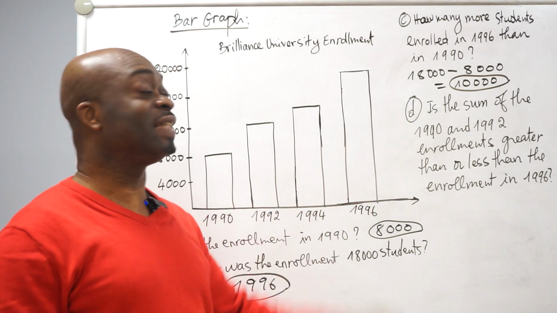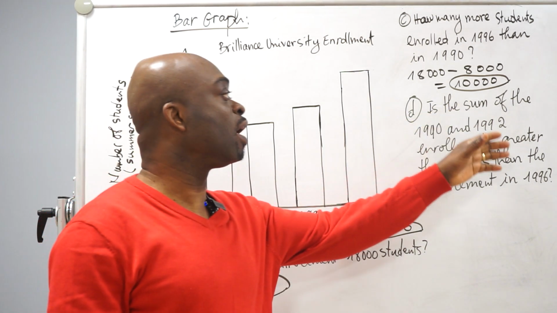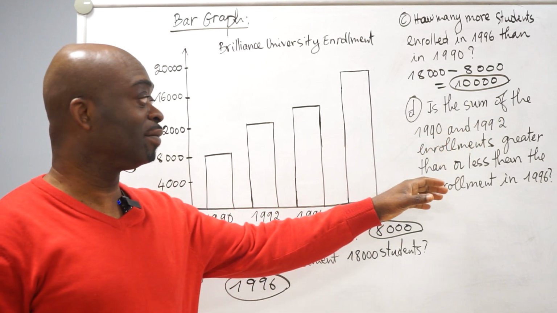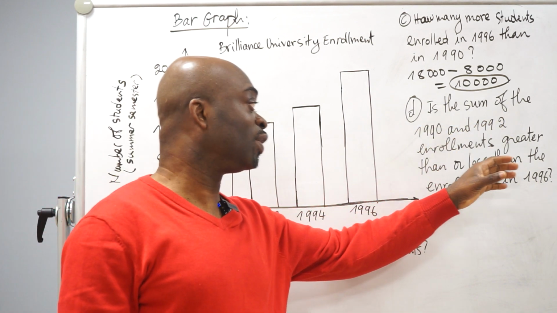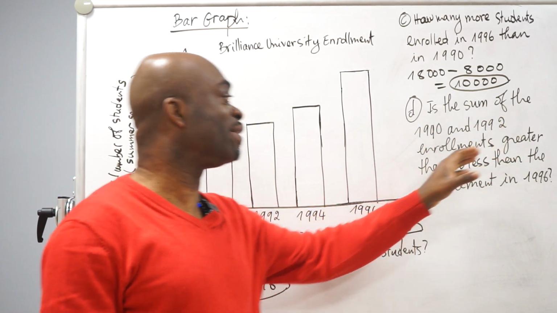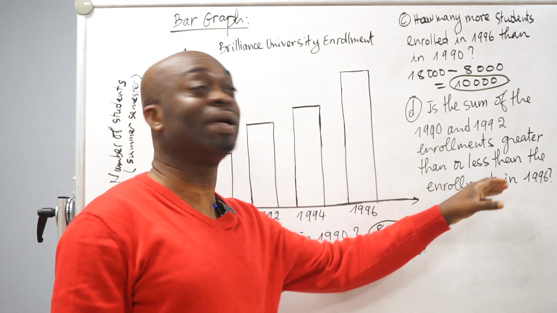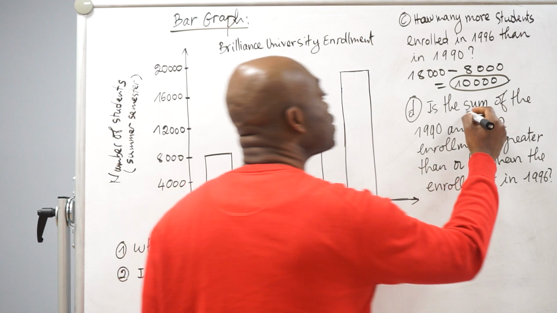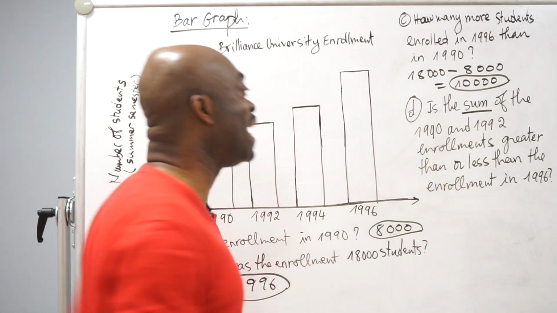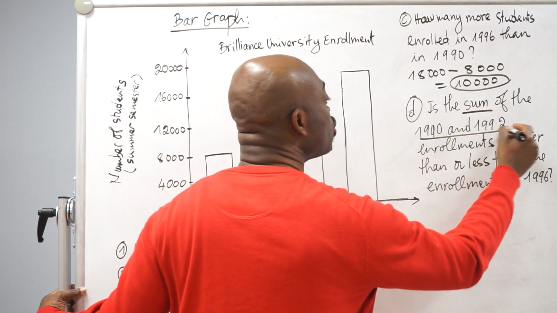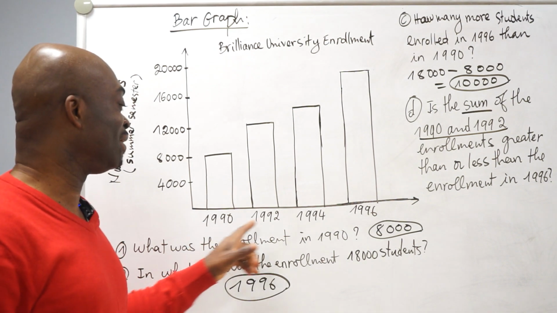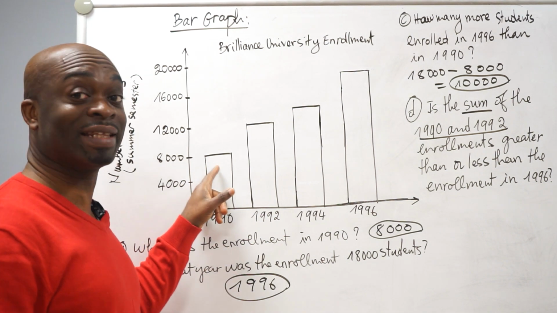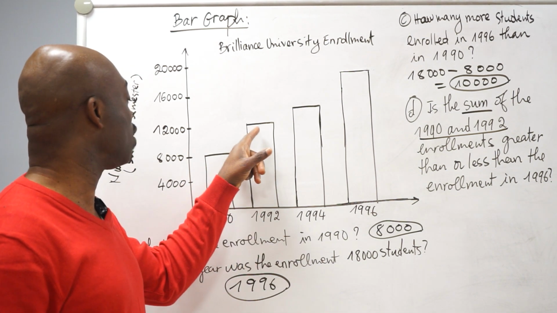And then D: is the sum of the 1990 and 1992 enrollment greater than or less than the enrollment in 1996? The first thing we have to think about is the sum of 1990 and 1992. 1990 is 8,000, 1992 is 12,000.